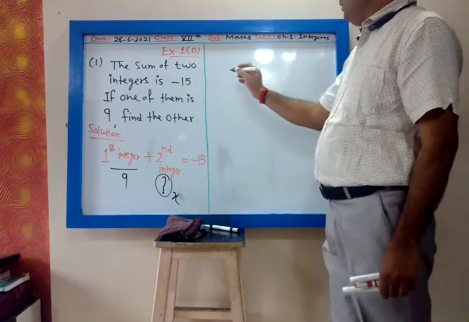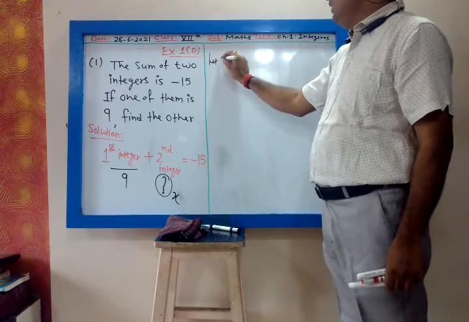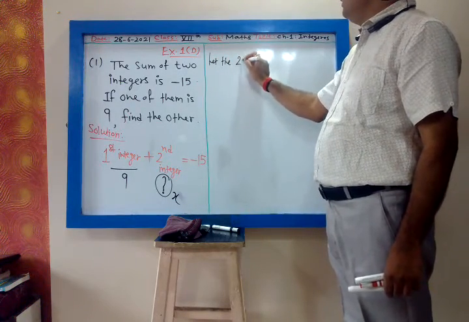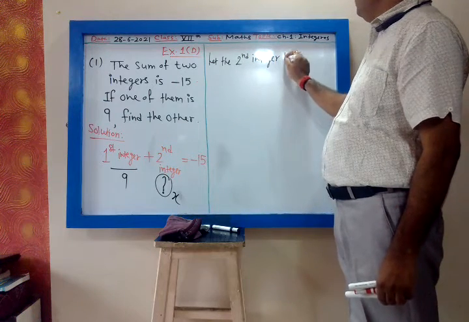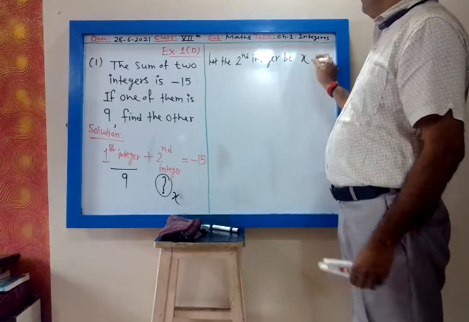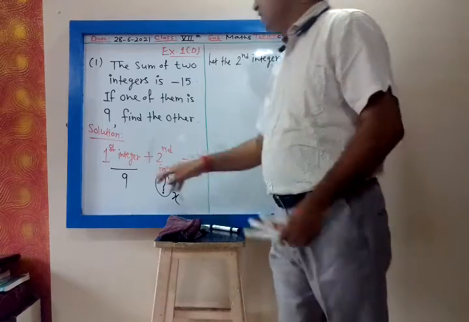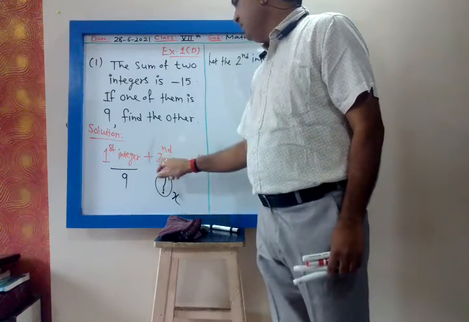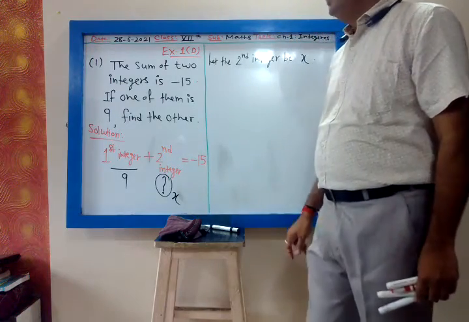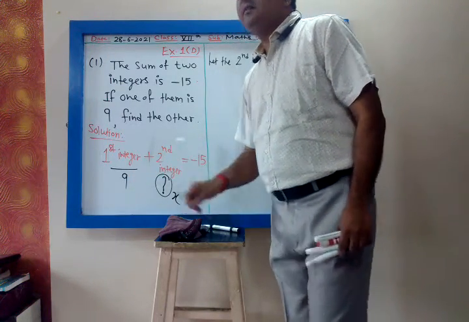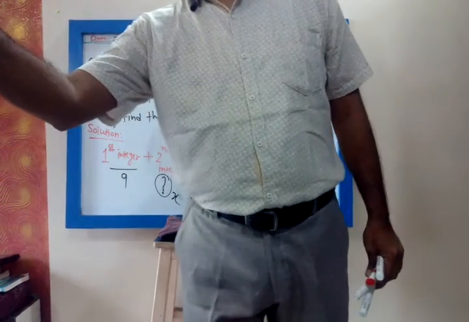Write, let the second integer be x. Now I will form the equation. First integer plus second integer is minus 15. One of the integers is 9.